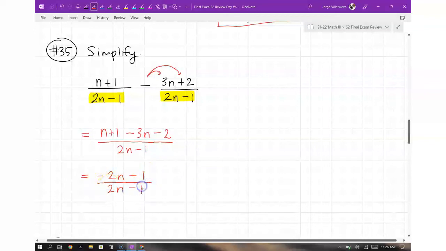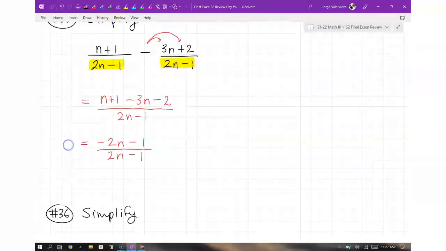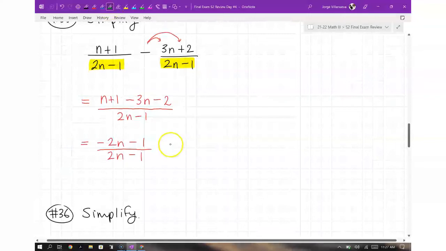Now, this is a little tricky. Can I cancel out the 2n minus 1? No, I can't. And you might say, but it looks identical. Well, the only way I could do it, don't write this down, is if I factor out the negative from the top. But notice how it changes the problem.